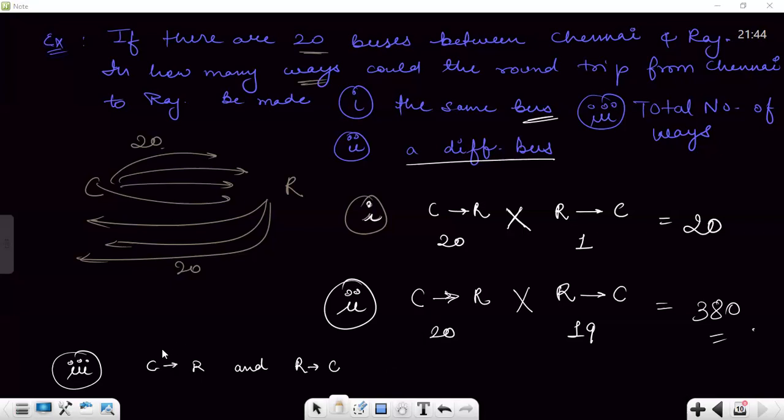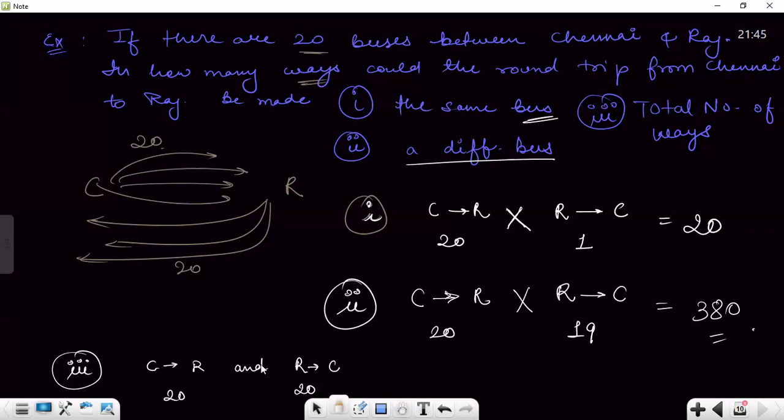So how many ways are there for going from Chennai to Rajasthan? 20 buses, right? Now, how many for Rajasthan to Chennai? 20 same, because we do not have any allergy with any particular bus.